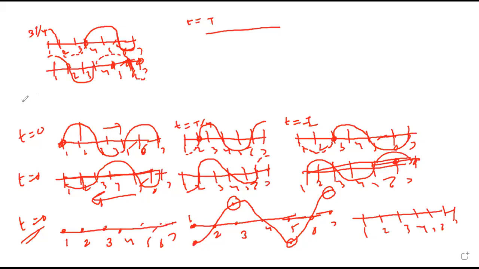Now if I see the resultant, it will be A upward, 0, downward, 0, upward, 0 and downward. So this way will be the wave.